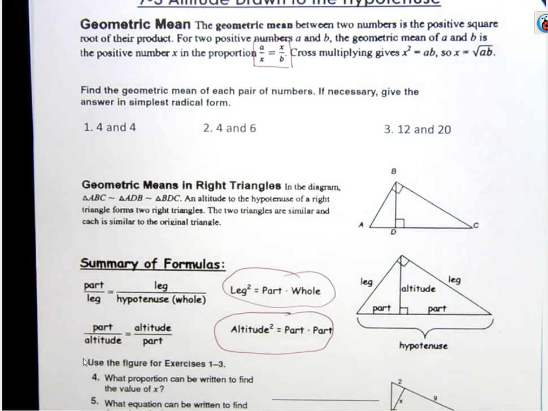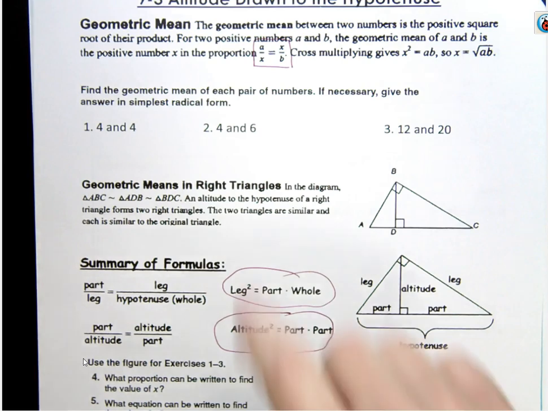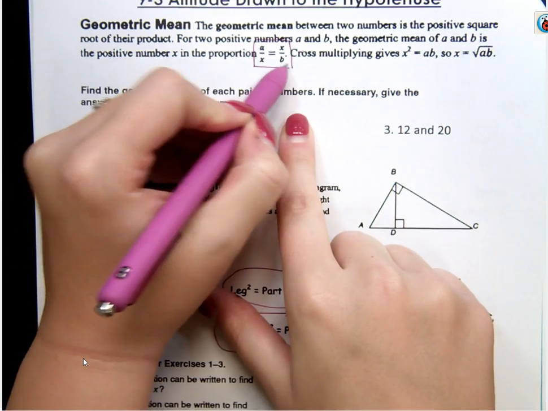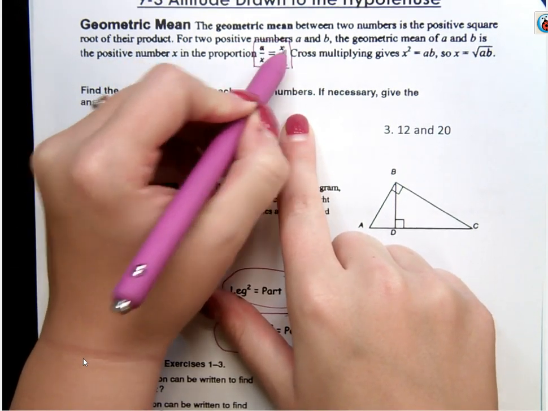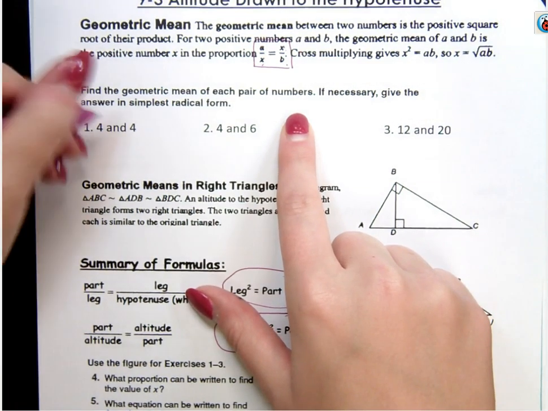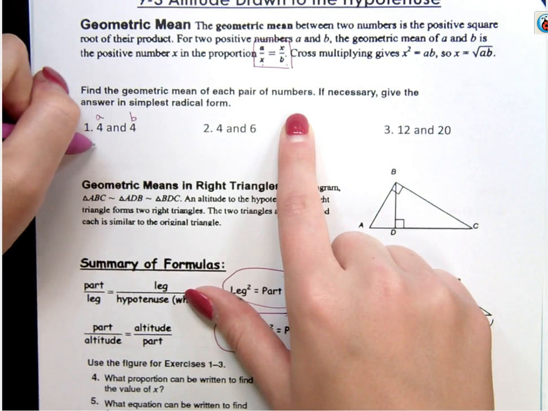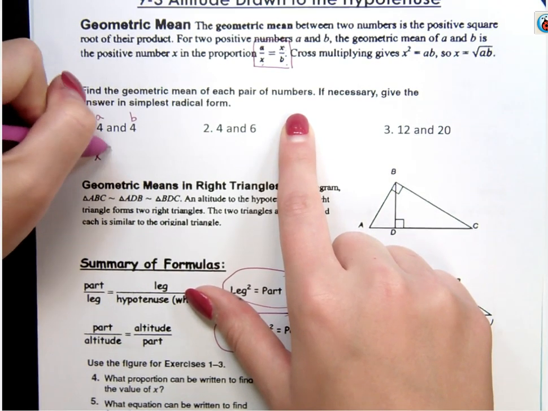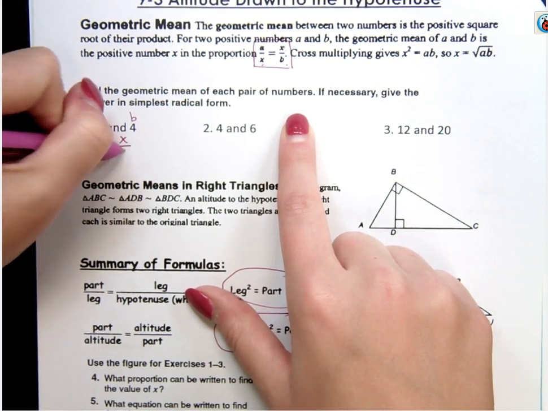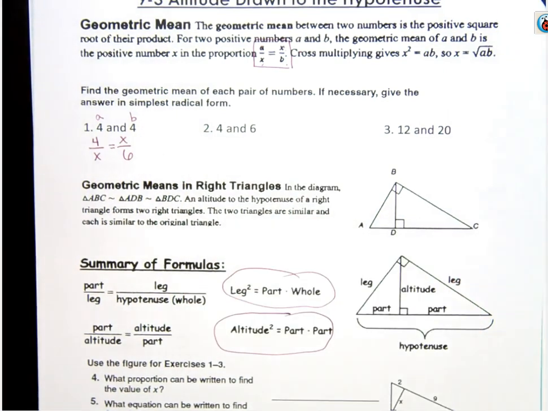It wants the geometric mean of 2 numbers, and you put the numbers in for A and B, and then the x's stay. So you're creating a proportion with your A and B, like 4 and 4, and when you solve for x, that's the geometric mean of the 2 numbers.